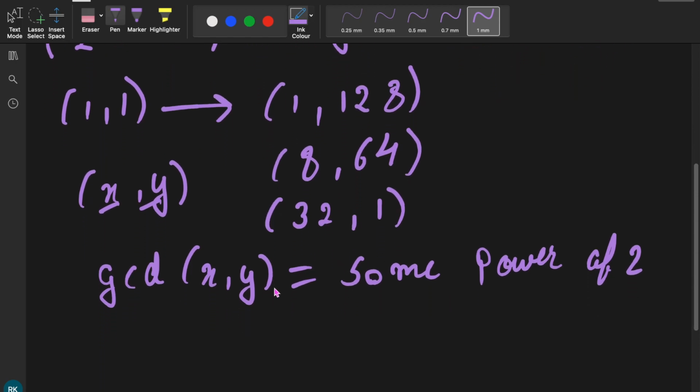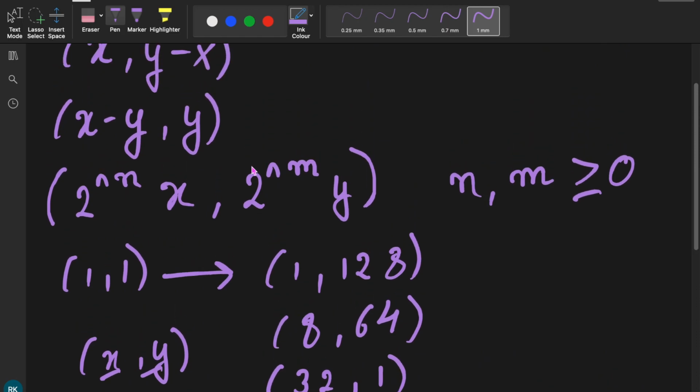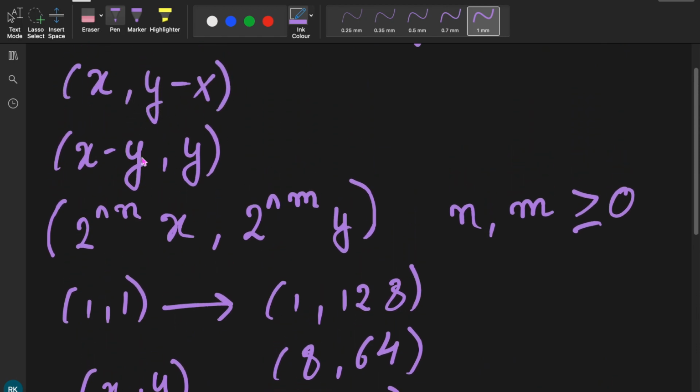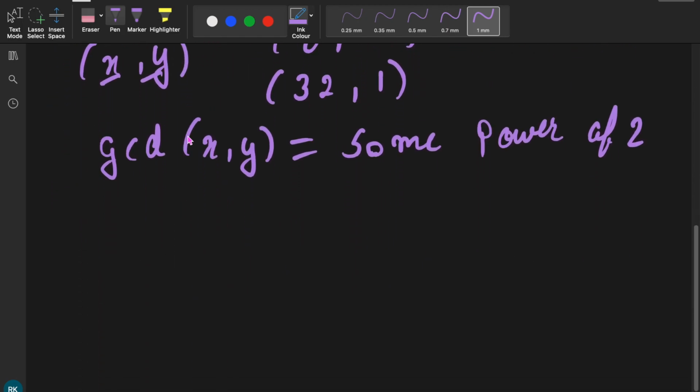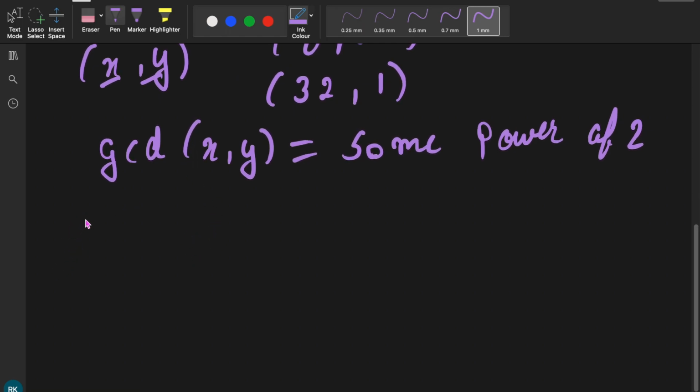If it is some power of 2, what about our other two operations? That is these two operations. Does the GCD remain the same? Yes, it remains the same. Let me show you how. We have this step x comma y minus x. Let's assume we perform this step. What we know is the GCD of x comma y is some power of 2.